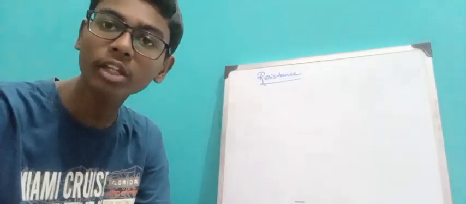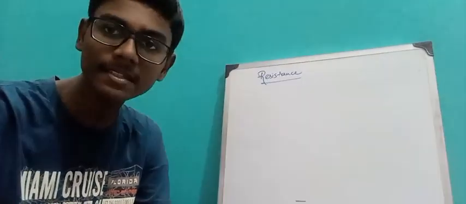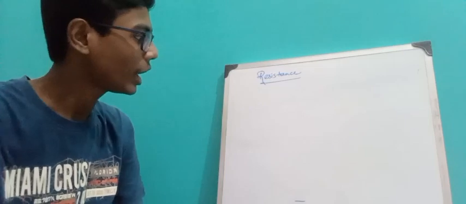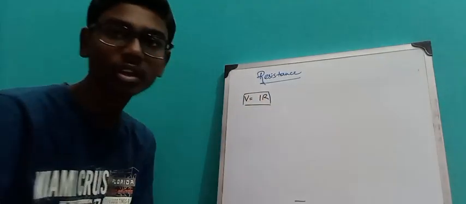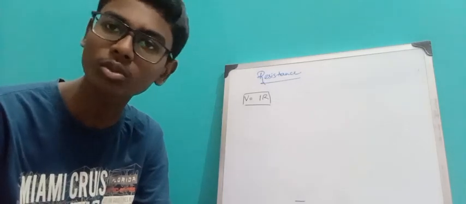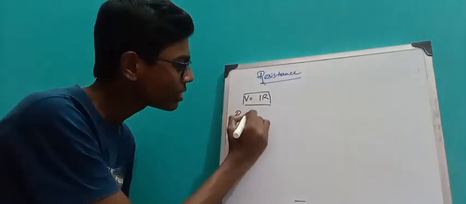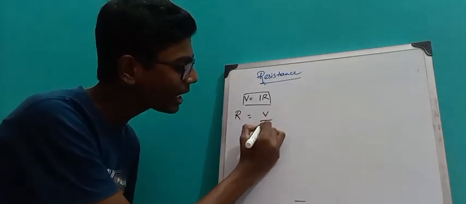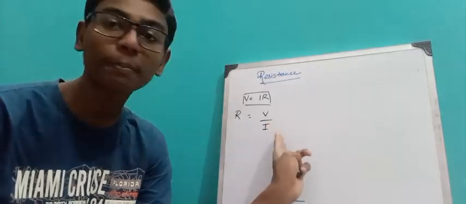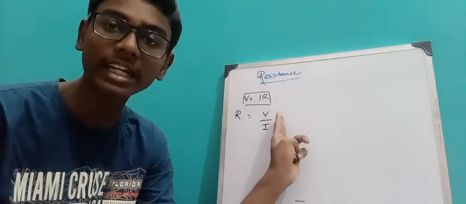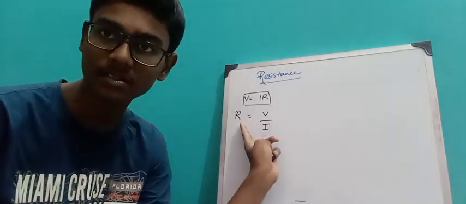Therefore, according to Ohm's law, V equals IR. This is Ohm's law. Or R, that is resistance, equals V by I. So potential difference per current, V by I, is your resistance.